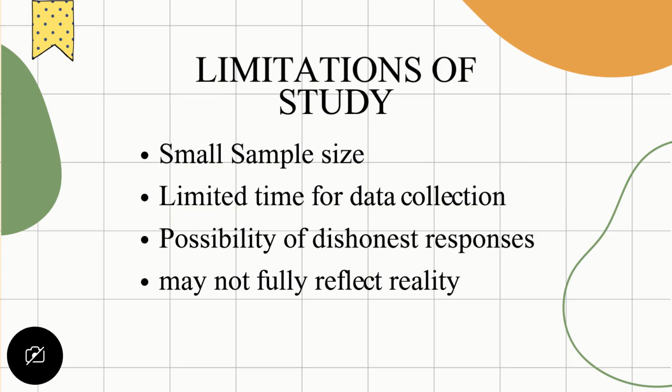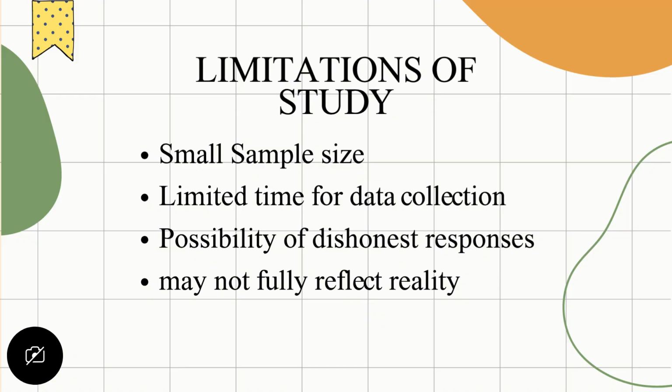Now, while this study provided useful insights to us, there were several limitations that we found. One major limitation was the small sample size, as only 20 students participated, which may not fully represent the wider student population.